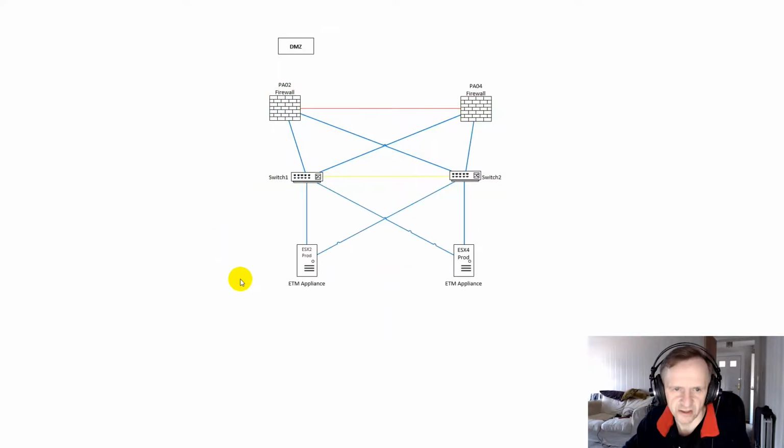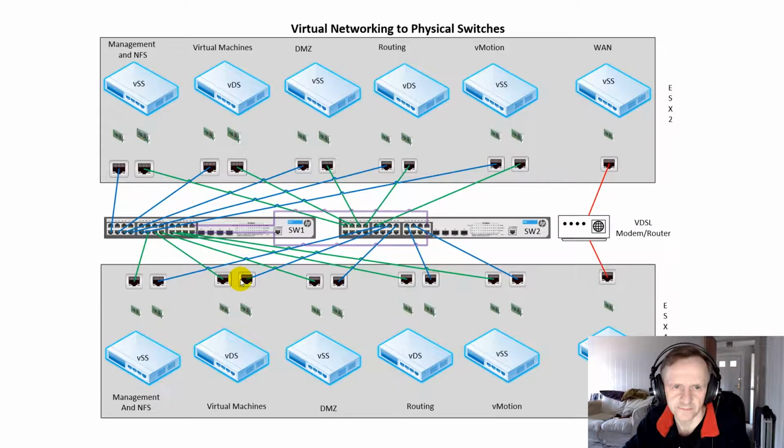In actual fact, I've got another diagram here of the switches. So this shows you a little bit more breakdown of the actual switches and what they're actually connected to. So the management and NFS is only on a virtual standard switch.